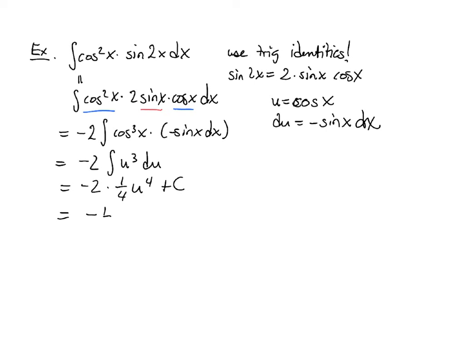So we have minus 1/2 cosine to the 4th x plus c.